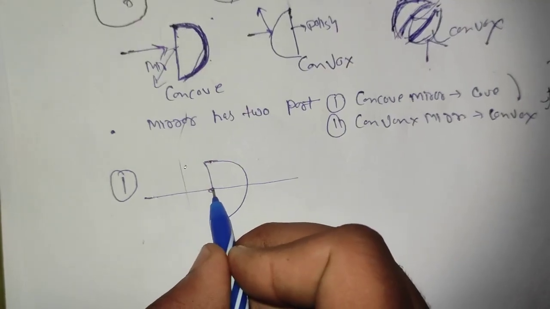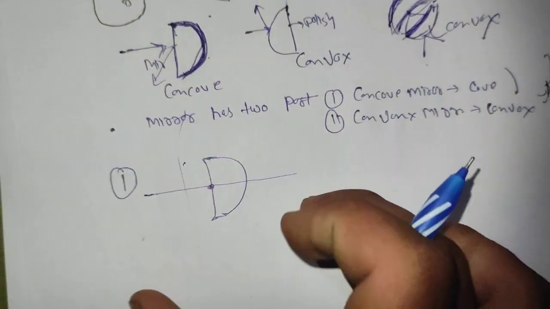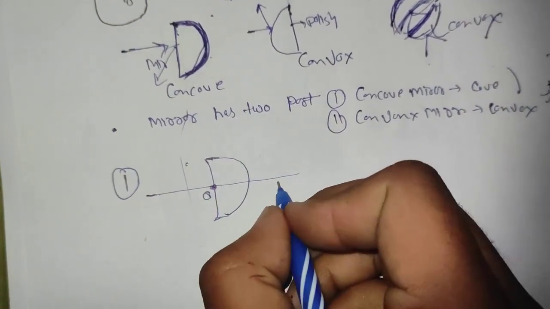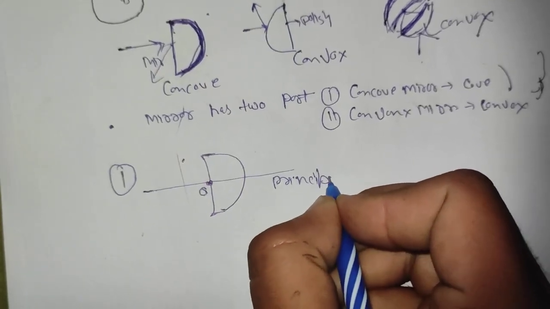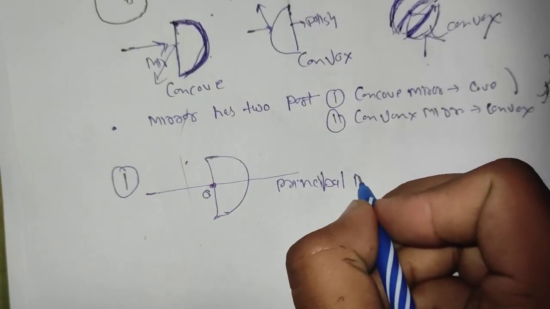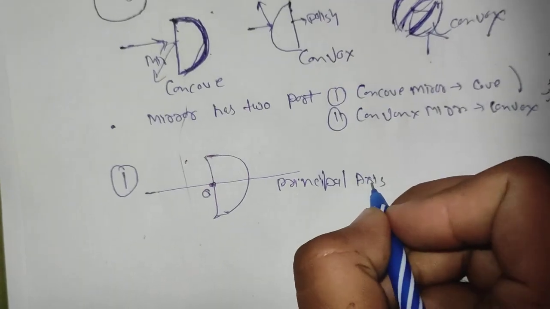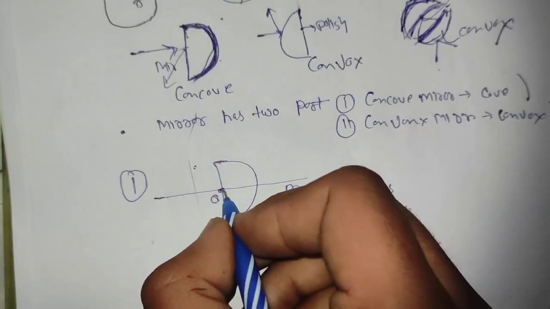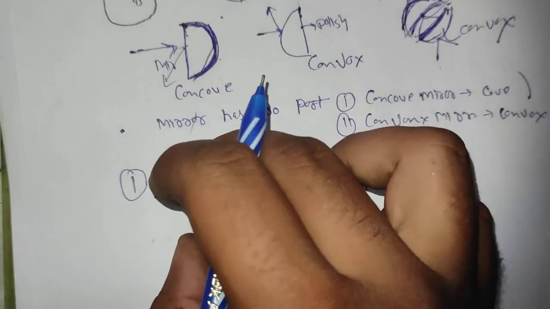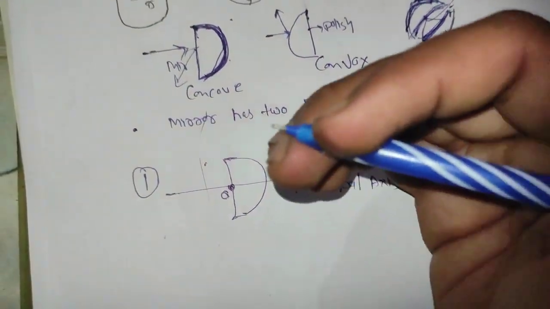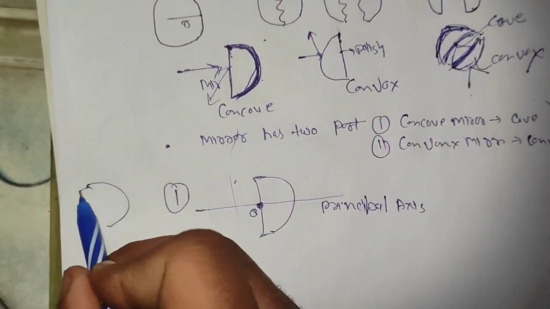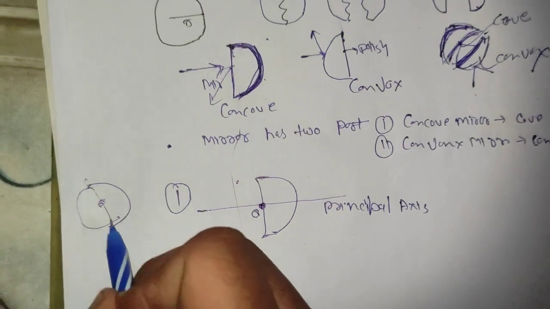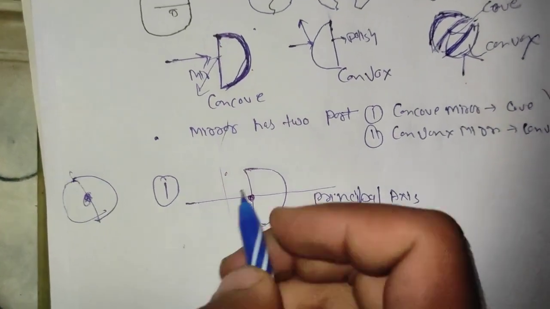This line, which passes through the middle point O, is called the principal axis. This point is called the center of curvature, because it is the center of the curve. The curve is the mirror, and the center of that curve is called the center of curvature.